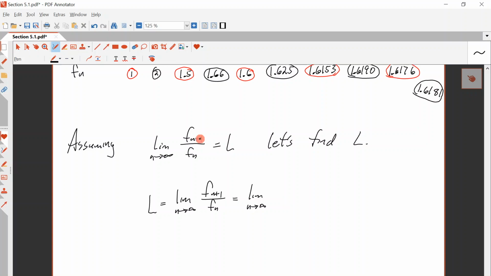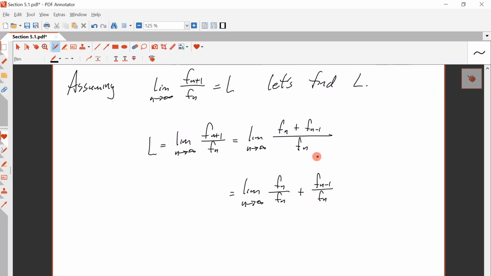The two terms previous to Fn plus 1 are Fn and Fn minus 1. And then this is just Fn. So this is equal to, let's go down a line, the limit as n goes to infinity of Fn over Fn plus Fn minus 1 over Fn.